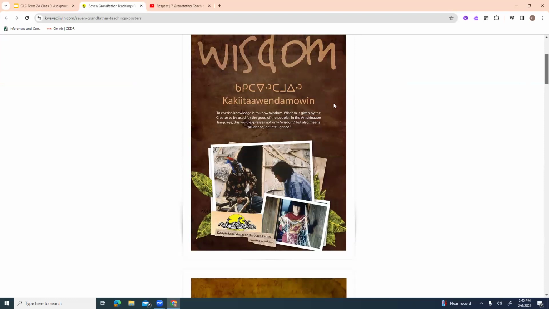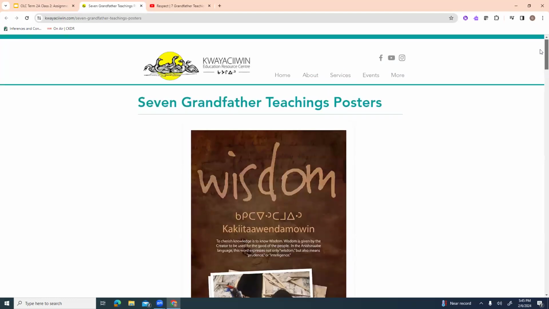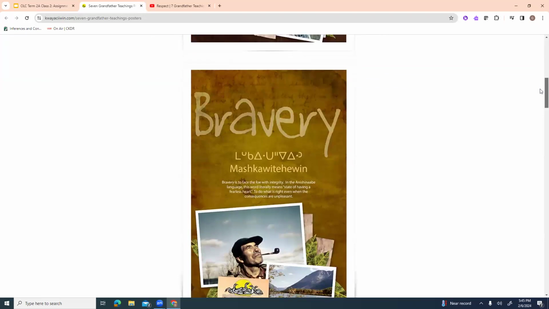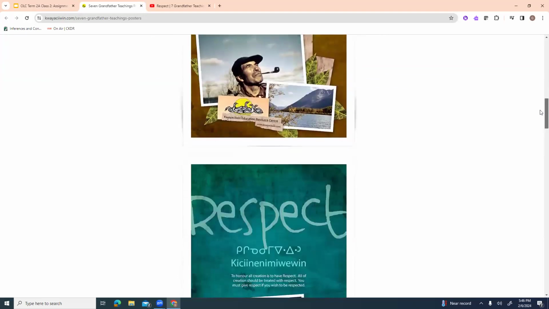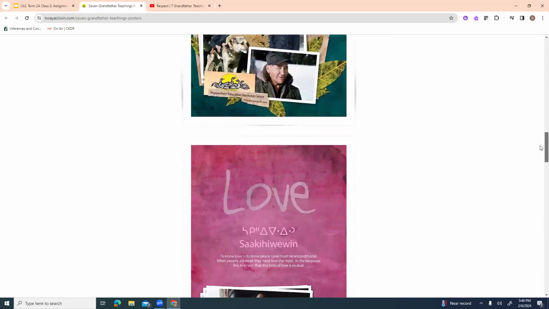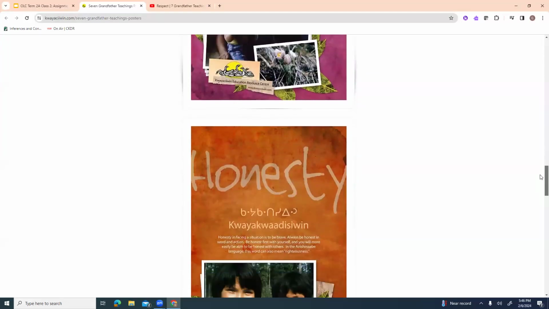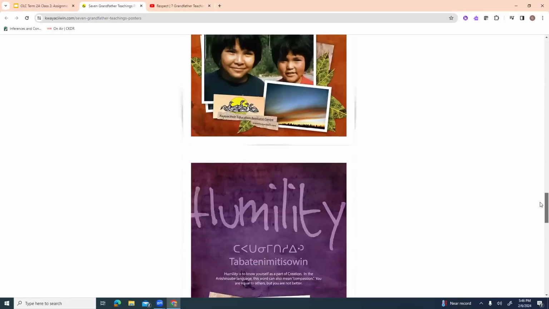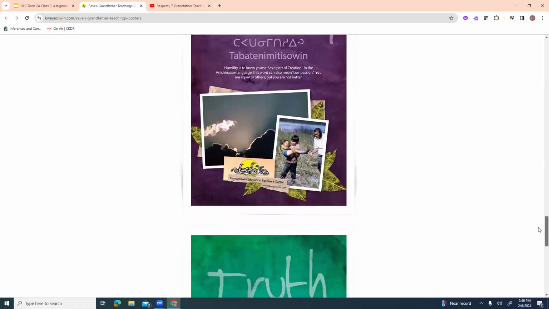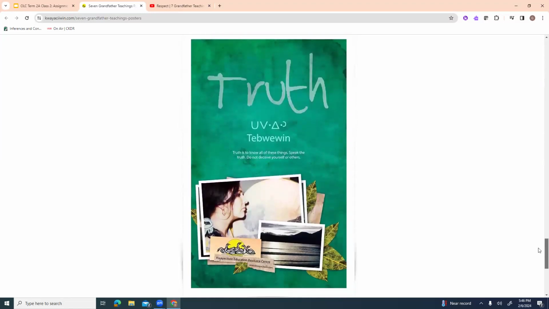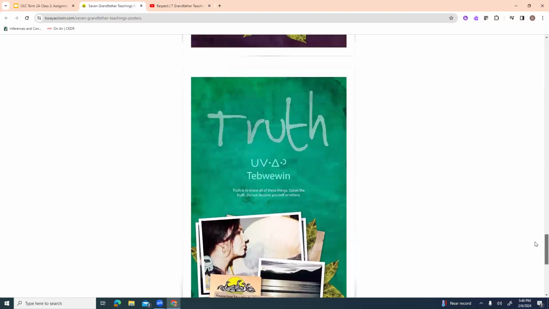It also gives you the word in the English orthography and in the syllabics. I'm not sure if this is the Ojibwe or Ojibwe. And then we've got bravery, respect, love, honesty, and humility. So these are just some ideas if you're stuck and generating some ideas.